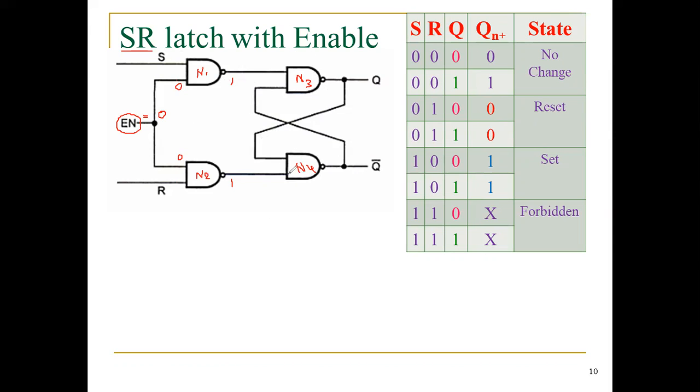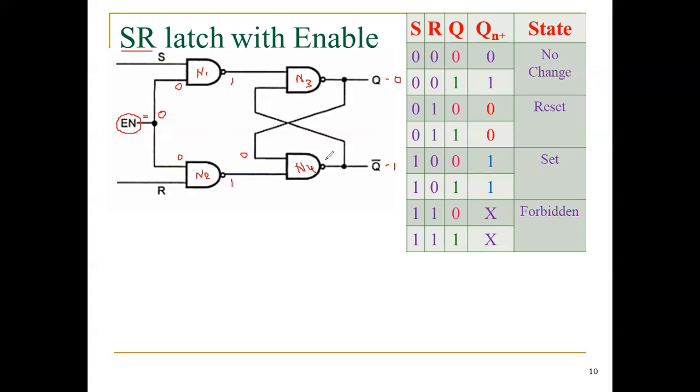Now, initially assuming my Q equals 0, hence Q bar equals 1. No doubt about this. Because of the assumption we made here, Q equals 0, that 0 comes to here. Please listen carefully.